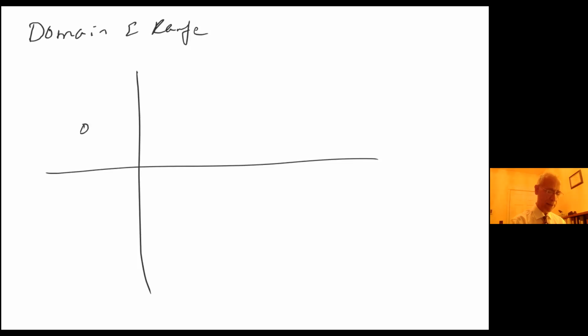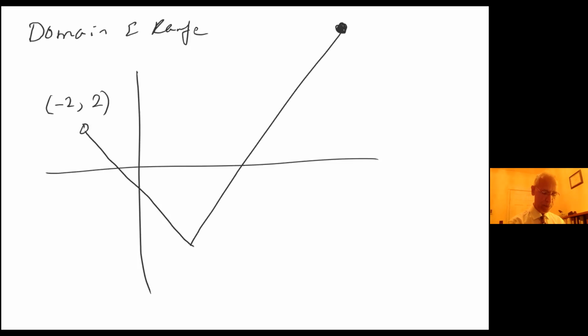So let's say that you have a graph, something like an open circle here at (-2, 2), goes down to a point at (3, -4), and then goes way up to a closed circle at (8, 7).